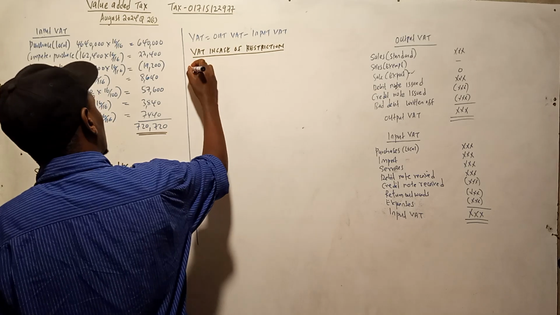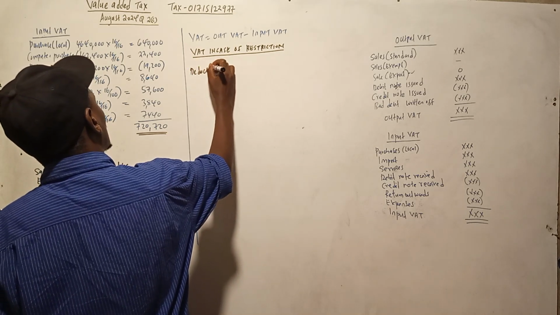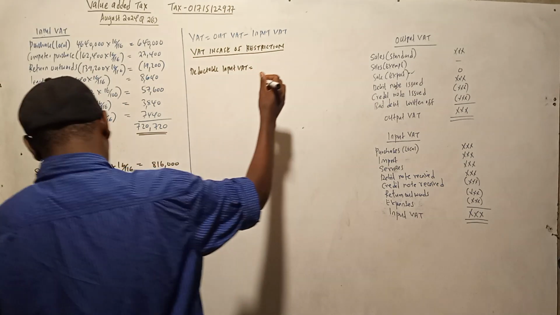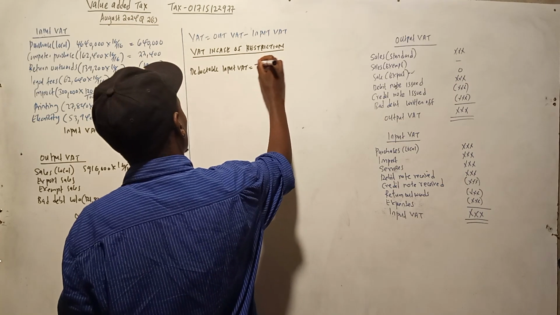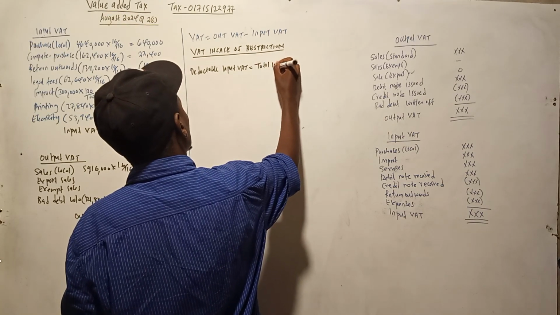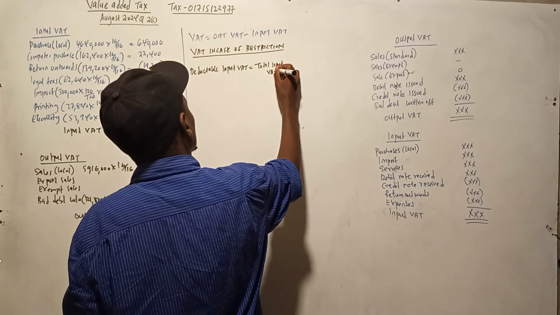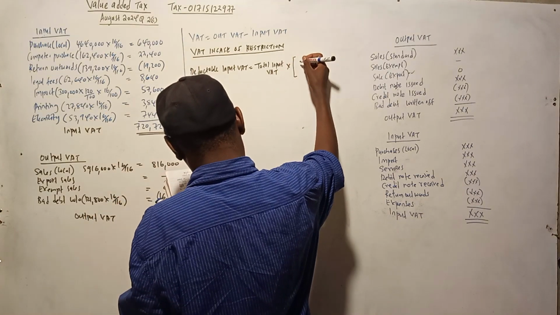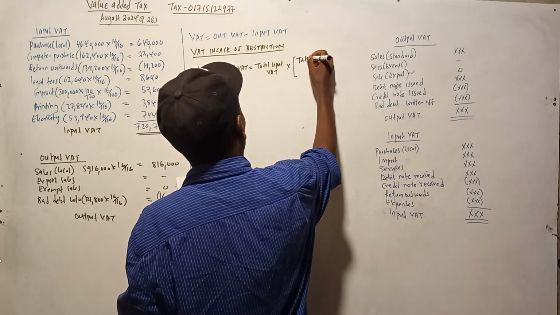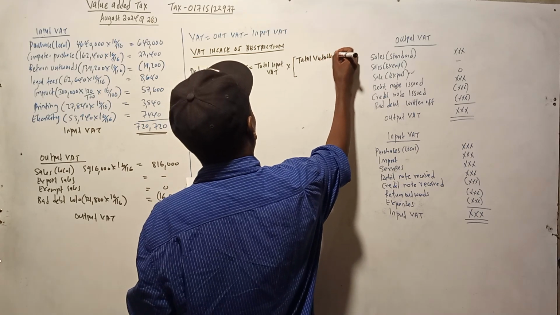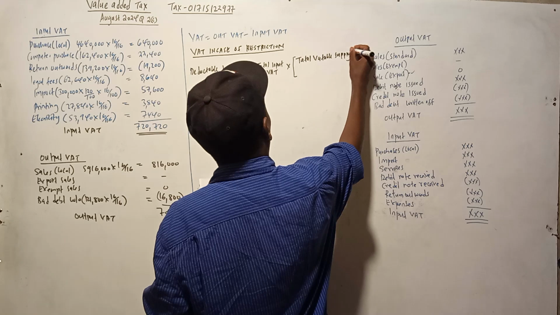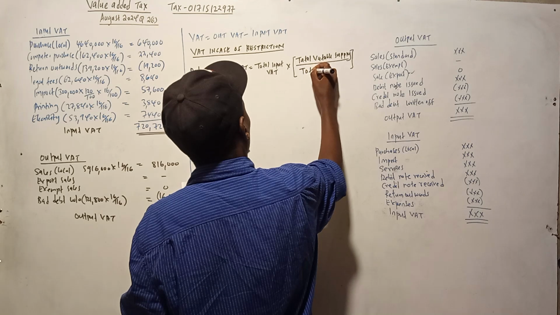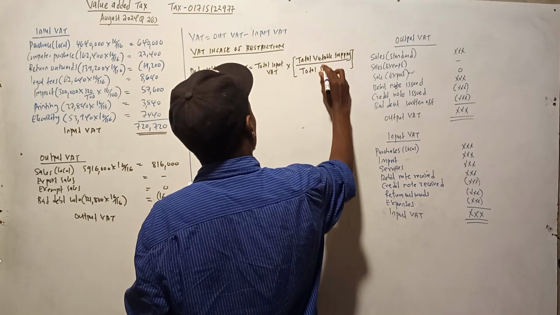So you need to compute what we call the deductible input VAT, which is equals to total input VAT, you multiply it with the total vatable supply, divide by total supplies.